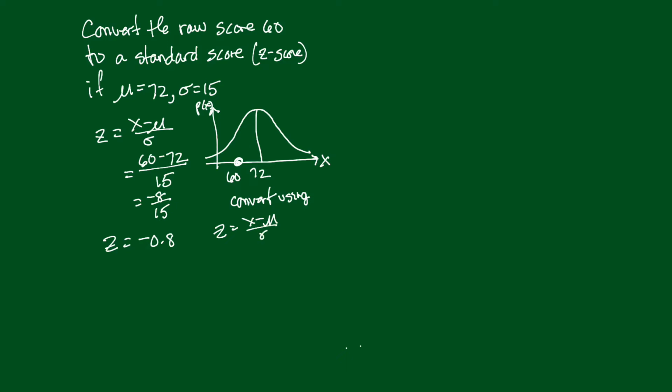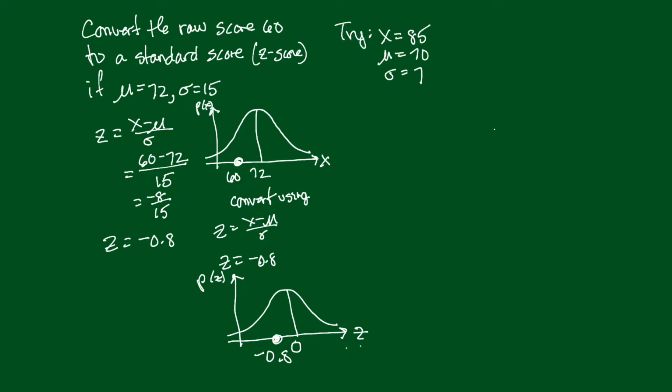When I make that conversion, I get z equals negative 0.8. So the curve converts to a standard curve. This is z now, p of z. The high point is now 0, not 72, and that x value of 60 gets converted to this value here at negative 0.8.